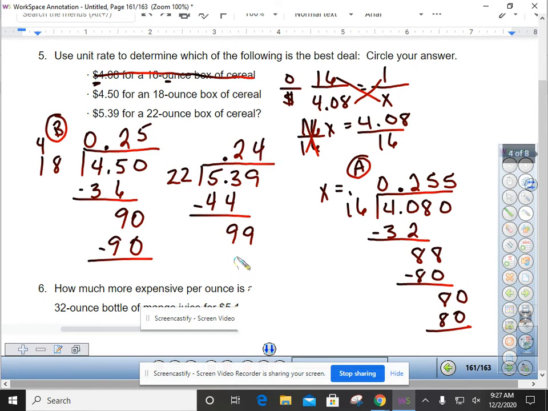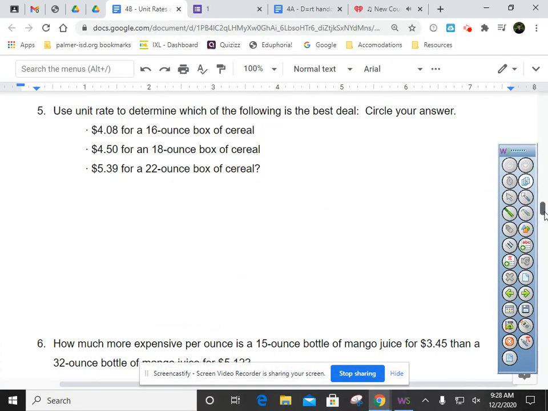I think that gives you 88. Which one is the better deal? C, the last one, this one right here. See how I didn't even have to finish that problem. I figured it out. As soon as I got the 4 there, I know that's lower than 5. Everybody still with me? Awesome. Let's look at the next one.